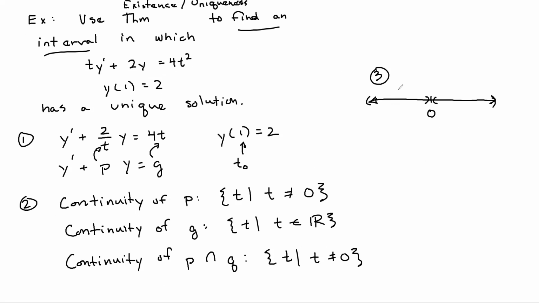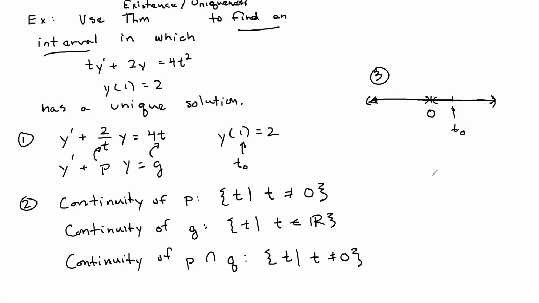Okay, and so once you've taken your continuity of P and G, your intersection, and put it on your number line, the last thing to do is take T naught and put it onto your number line. So T naught is at 1, right? So here's 1, here's T naught.